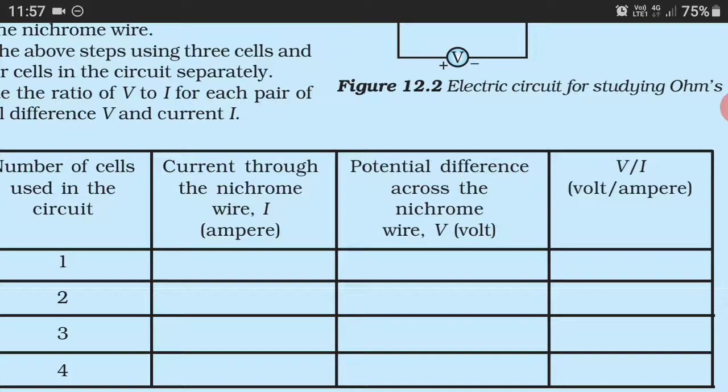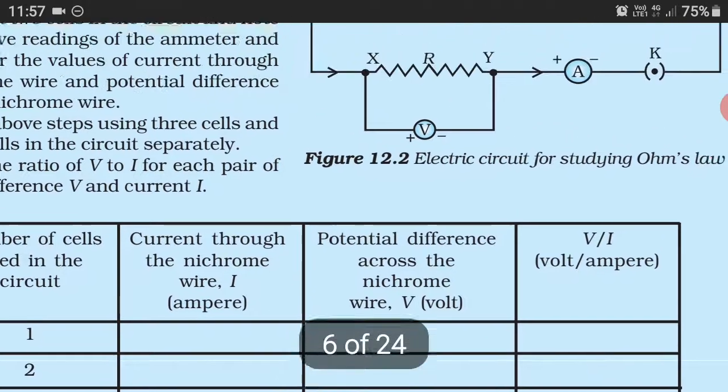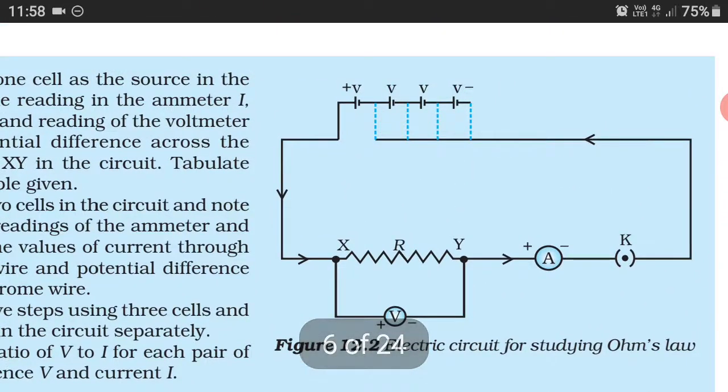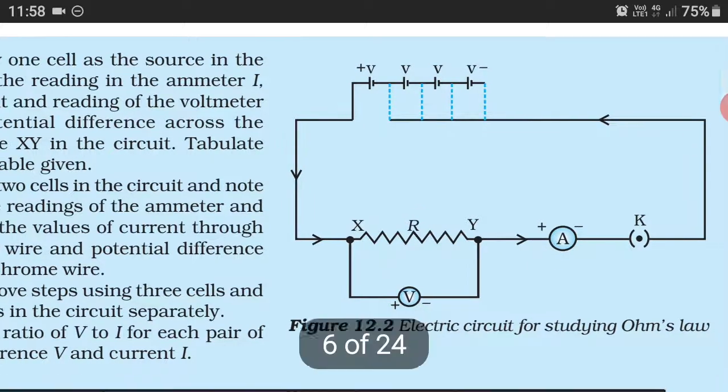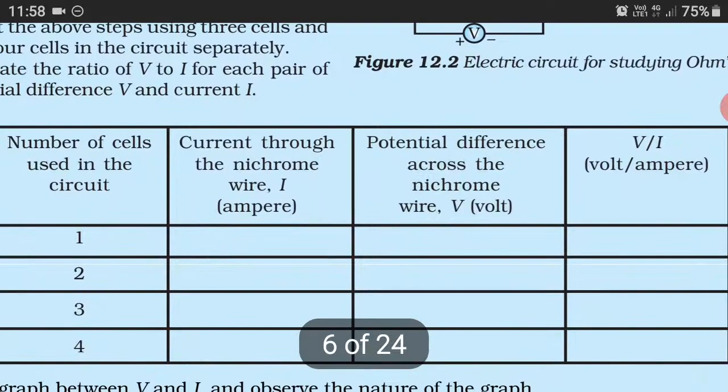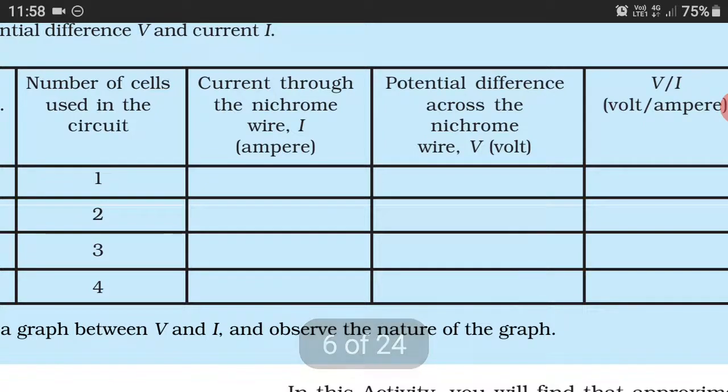We need to remember that in physics, quantities are always interlinked. So he noted a trend: as he increased the number of source cells one by one, the reading of current also increased as he increased the potential difference across this wire.